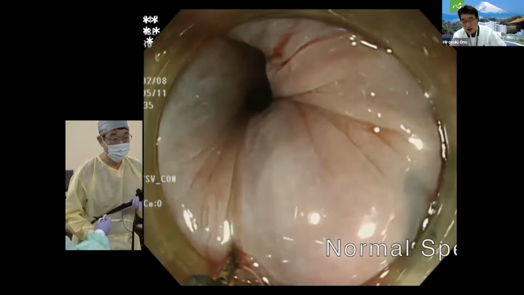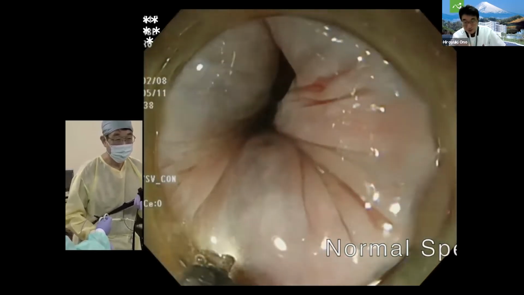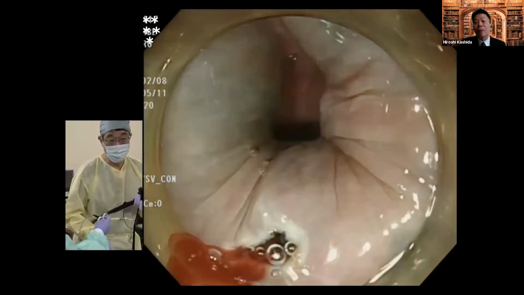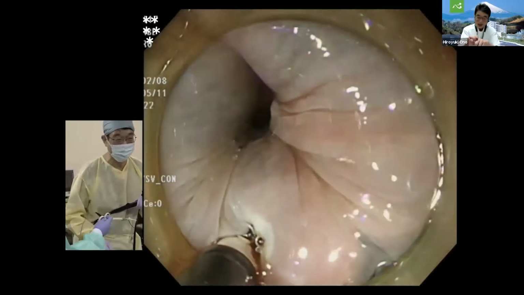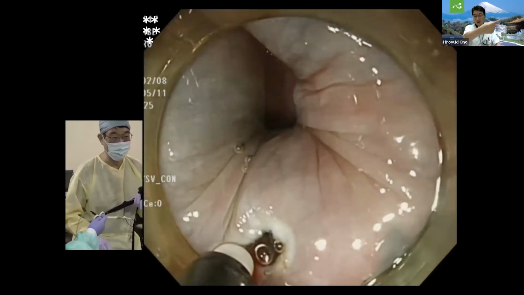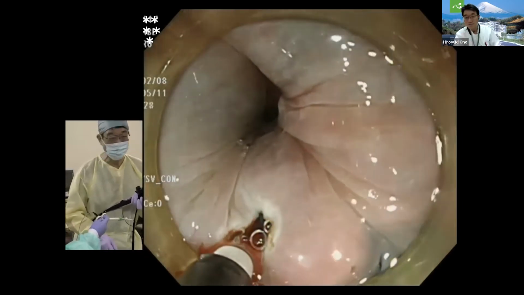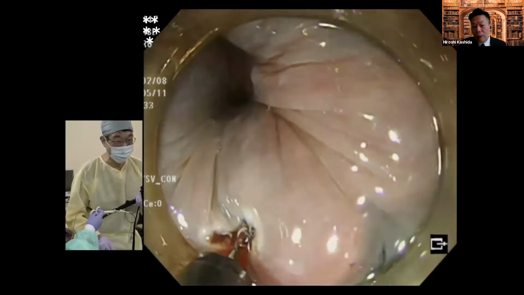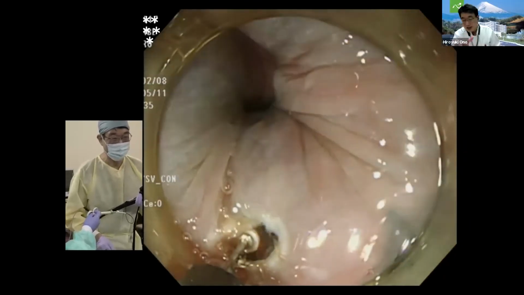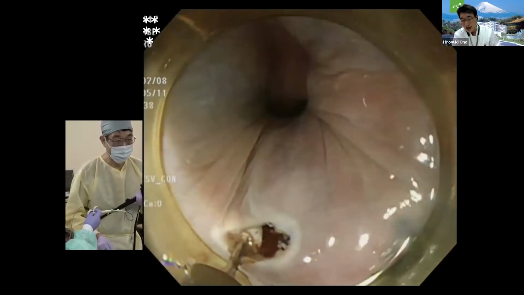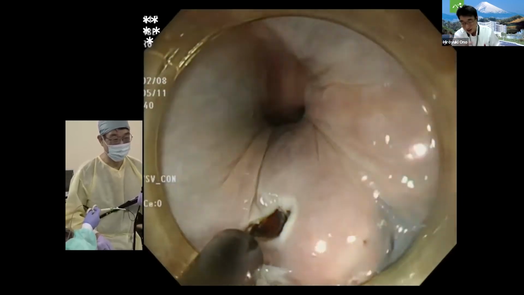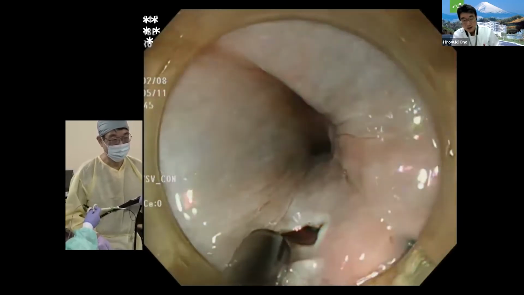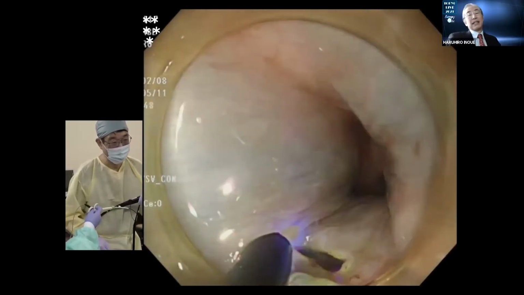Yes. This is a routine procedure because the IT knife is a device used from the distal side to the proximal side. And away from the scar? Away from the scar. Here the distal area also has no scar. Yes, so it is well lifted.